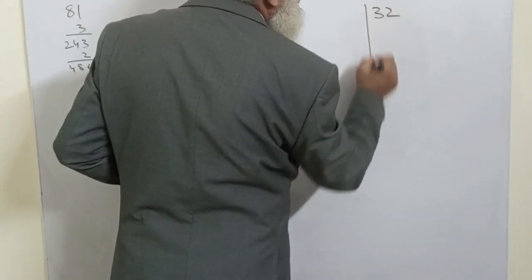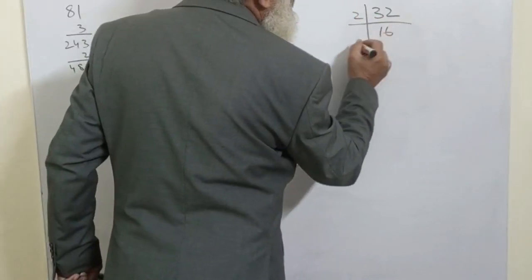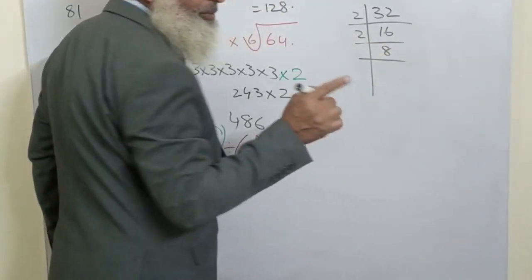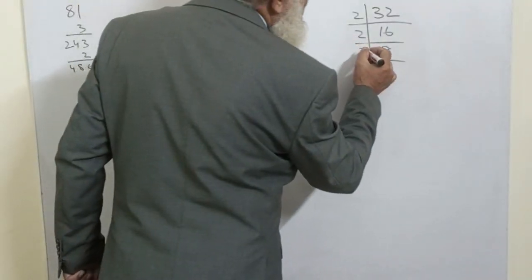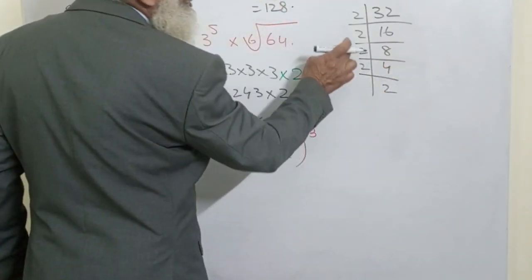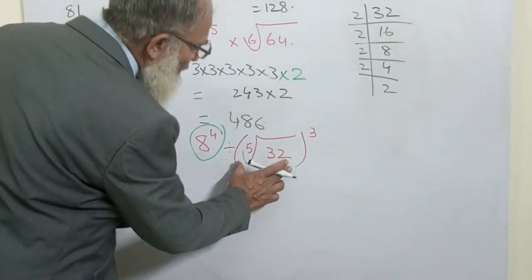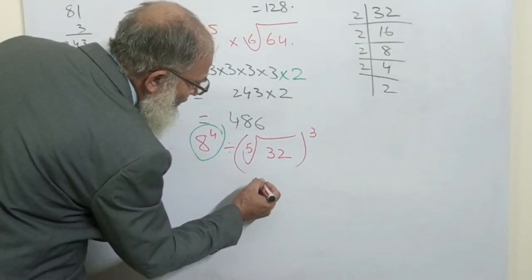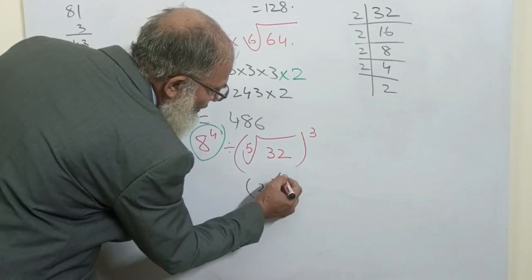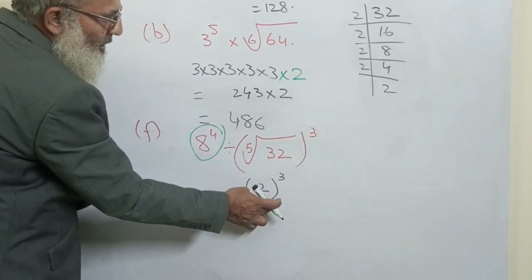Thirty-two, 2, 16, 8. You see that there will be 5 twos now. 4, 2, 2. 1, 2, 3, 4, 5. As I told you, there are 5 twos. Now this has been solved as 2. Now 3 still remains over here. This cube still remains over here.